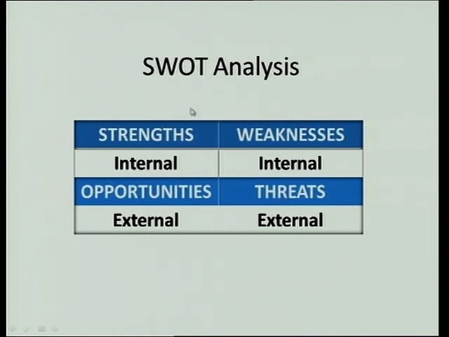Very important that when you develop your SWOT analysis, your strengths are the factors inside the business. So it's internal. The weaknesses are also the factors inside our business. However, when we look at the opportunities, it's what happens outside of the business. When we look at the threats, it's also what happens outside of the business. So just keep that in mind when you're asked to develop a SWOT analysis.